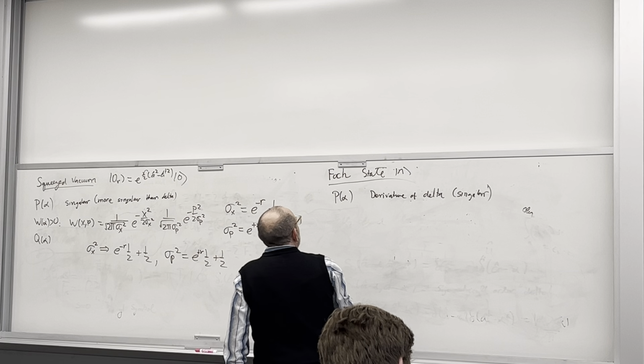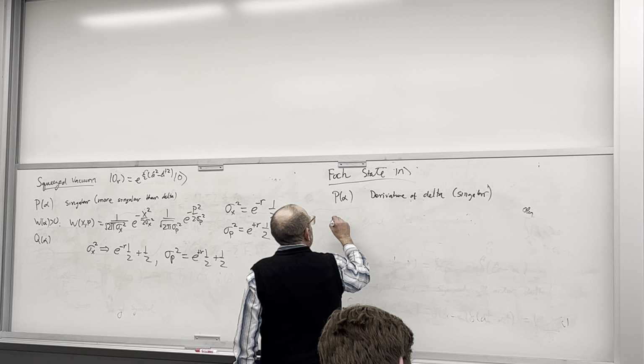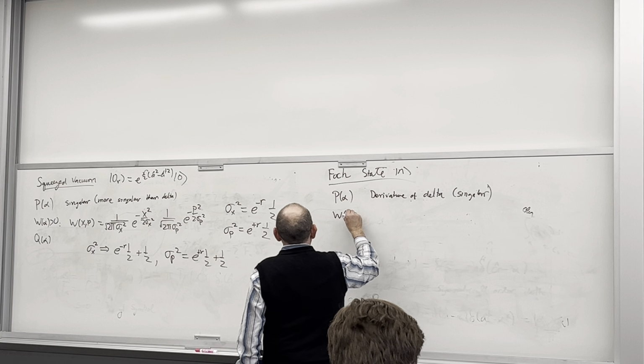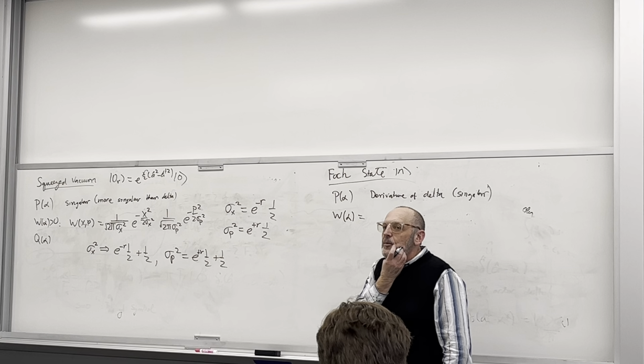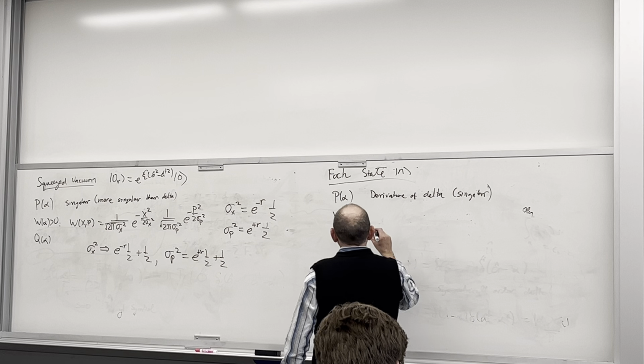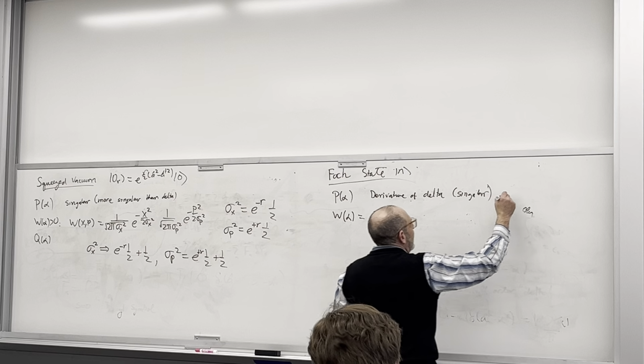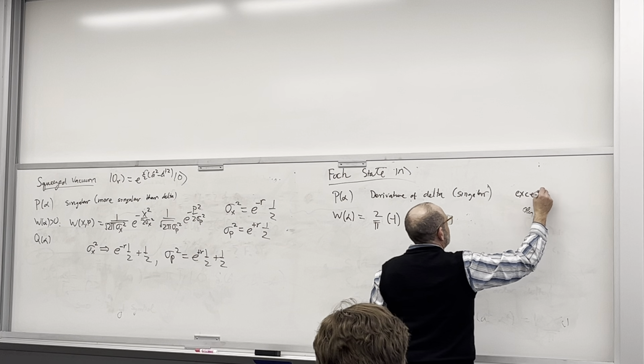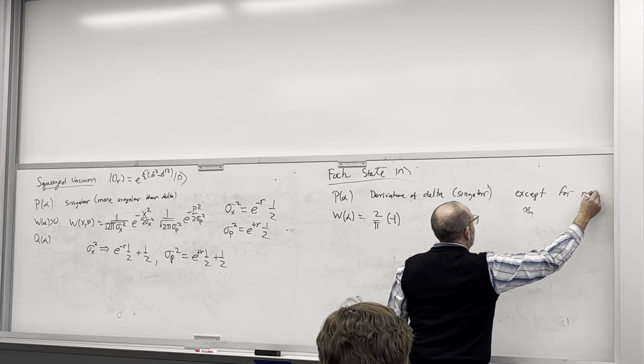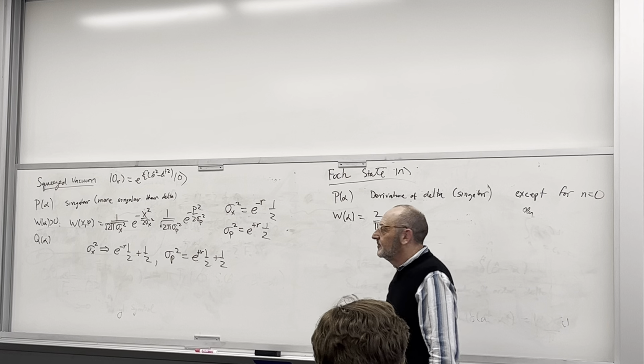What about the Wigner function? Well, we solved this earlier. It's equal to 2 over pi times minus 1 to the n, except, of course, for n equals 0. N equals 0 is the vacuum, that's okay.